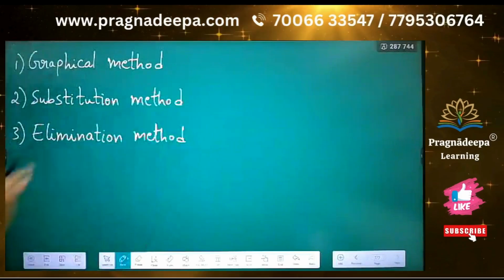See, these methods are powerful, students. Maybe you may remember, in the Arithmetic Progression chapter we use this idea, correct? You remember, we had to calculate a and d specifically. Of course, we did not use the graphical method, but still we use the substitution method and the elimination method. So let's quickly solve one problem in each method.